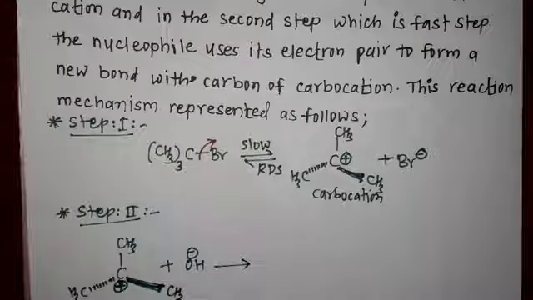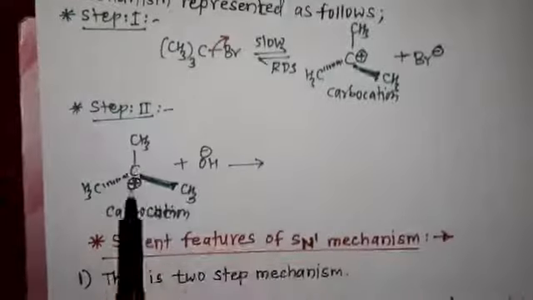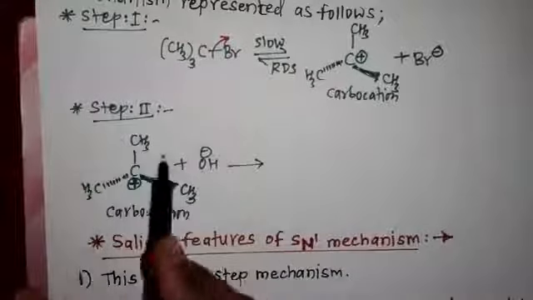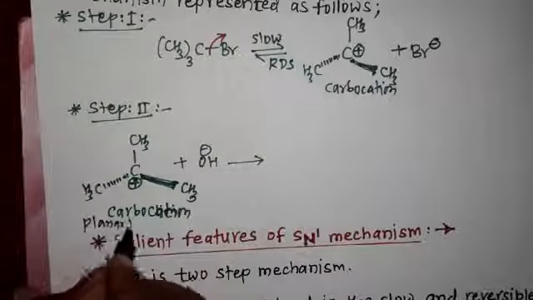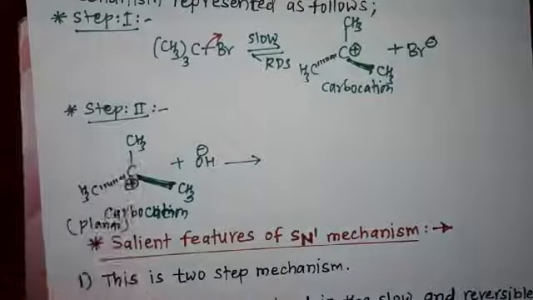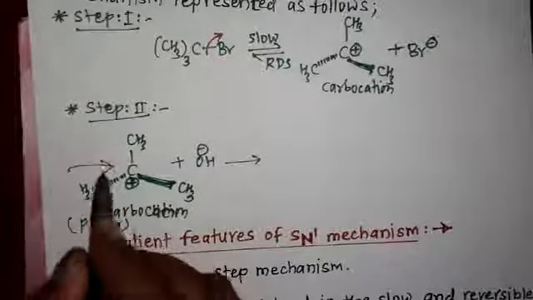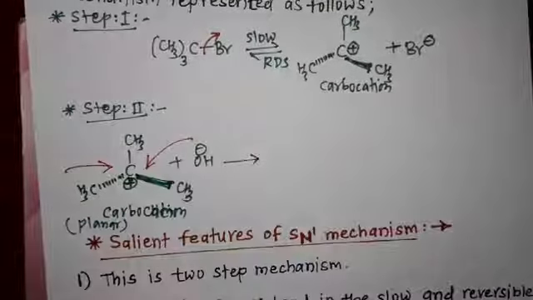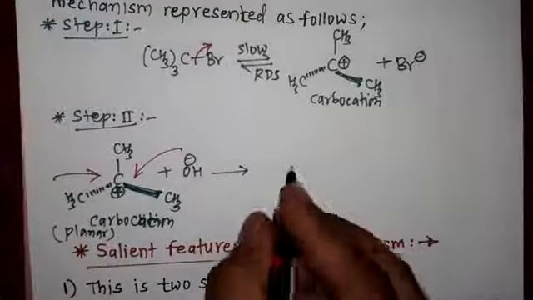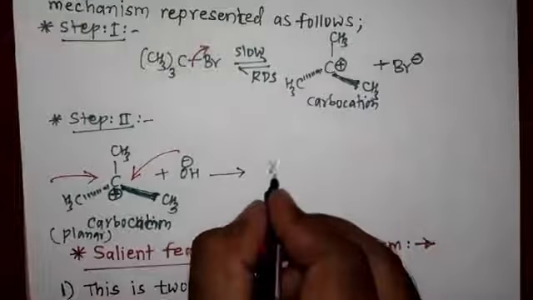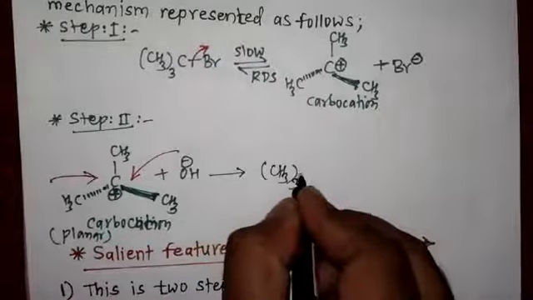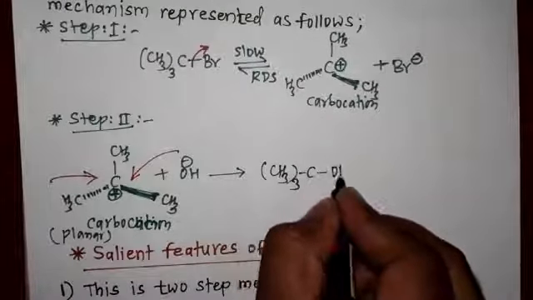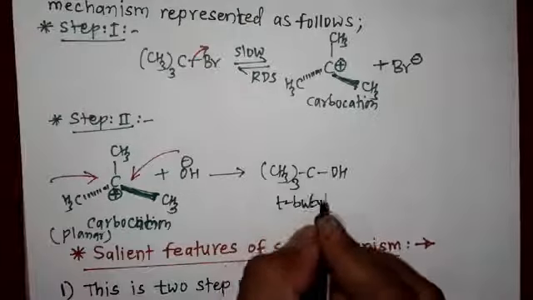There is a possibility of attack of this nucleophile from both sides, because this carbocation is a planar carbocation, which means it is present in a plane, and due to this the nucleophile attacks from both sides, from the back side as well as from the front side, and forms a product called tertiary butyl alcohol.